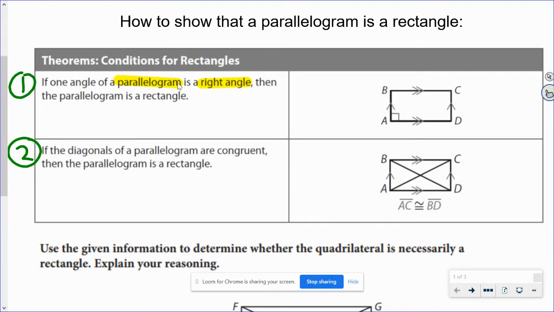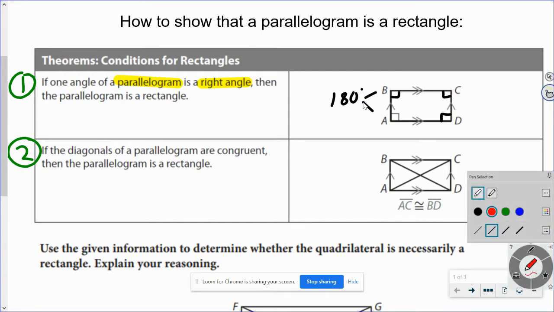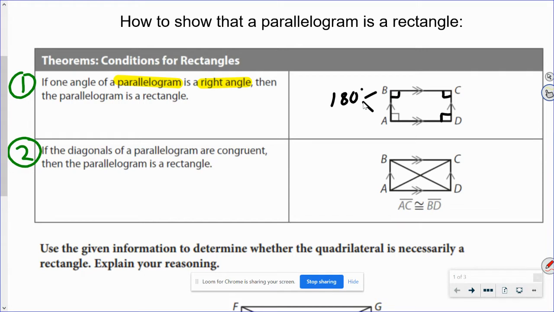Because in a parallelogram, your consecutive angles will always add up to be 180 degrees. So if that's 90 degrees, this must be 90 degrees, and therefore this one must be, and therefore this one must be. So that's why you only need one angle to be 90 degrees in a parallelogram. The parallelogram takes care of all those other 90-degree angles for you. So all you need is just that one 90 degree angle in a parallelogram, therefore rectangle.